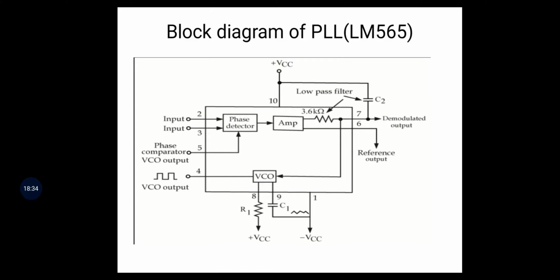This voltage adjusts the output frequency of the voltage controlled oscillator until it matches the input signal frequency. When the two frequencies match, phase lock has been established.